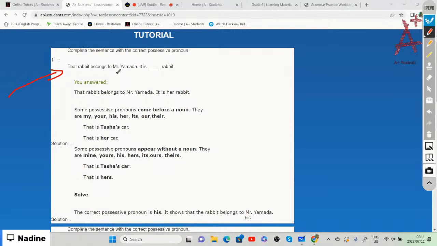Then we can say it is his rabbit, right? So instead of again making mention of Mr. Yamada, we can say it is his rabbit and not make mention of the name again, right?